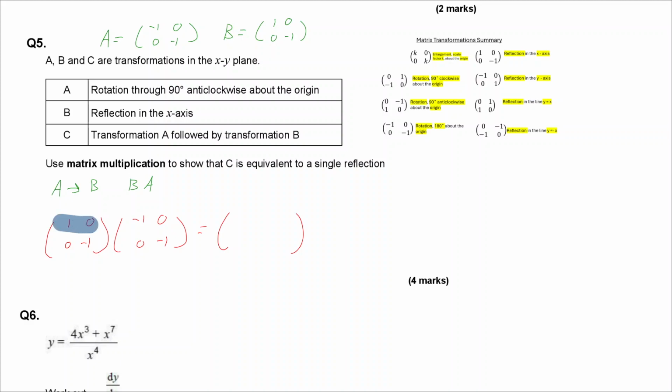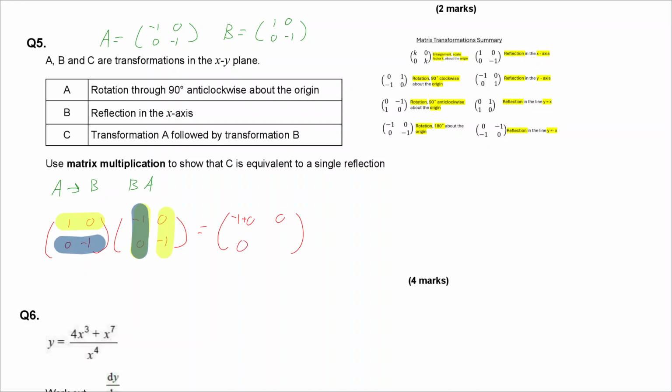If we do this, that's going to give us the following. First row with the first column, let's do it in yellow to keep it consistent. So 1 times minus 1 is minus 1, and then 0 times 0 is plus 0. First row with the second column: 1 times 0 is 0, 0 times 0 is 0, add them, we just get 0. Second row with the first column: 0 times minus 1 is 0, that gives you 0 again, so just 0.